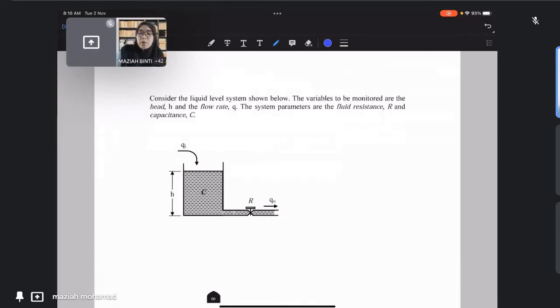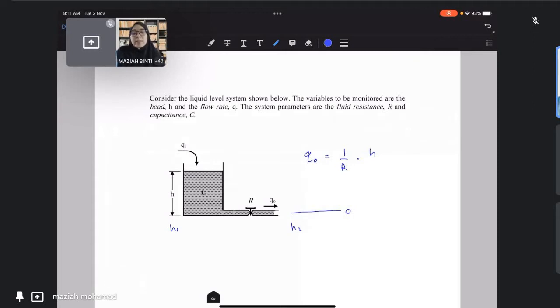Based on the fluid resistance, we're going to write the first equation, which is Q naught is equal to 1 over R, multiplied with H. It's supposed to be multiplied with H1 minus H2. So let's consider this is H1 and this side is H2. But since there is no liquid level at H2, we consider that to be 0.